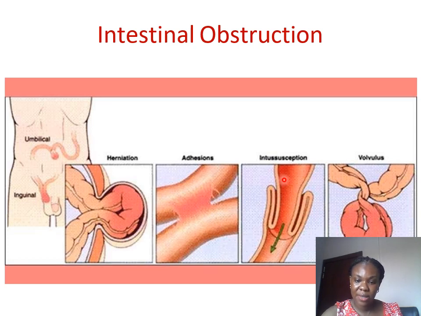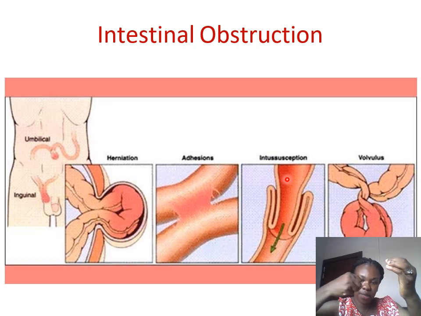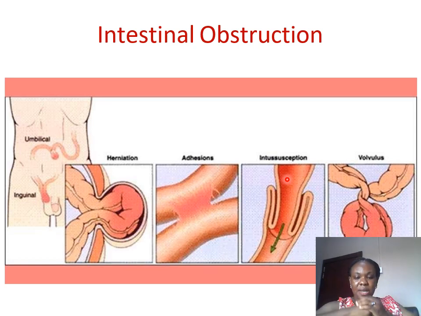It is when the intestine runs into itself like this. So there's one intestine that is sitting inside another one, such that the intestinal products again cannot have a free flow. Volvulus is when there's a twisting of a loop of the intestine on itself. It will also cause obstruction.